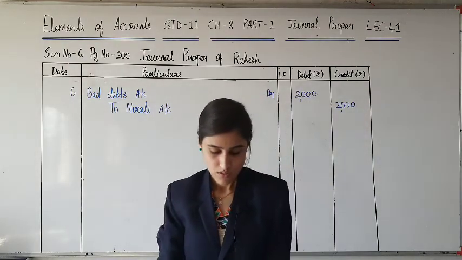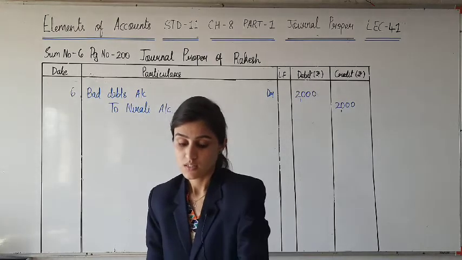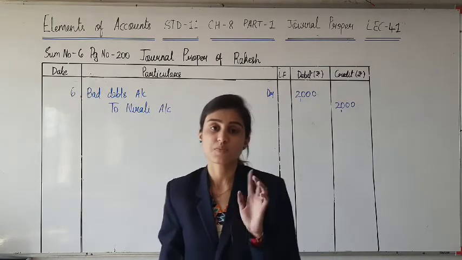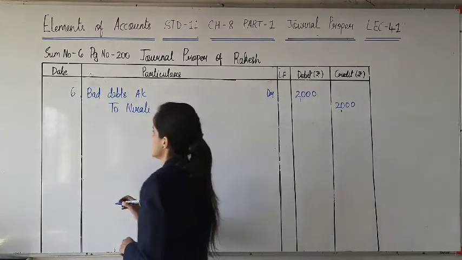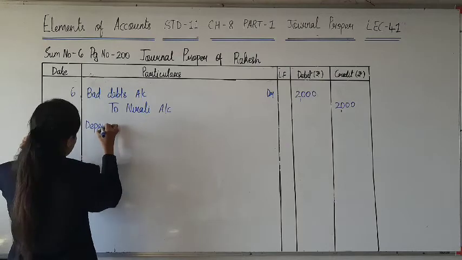Next, write off depreciation on machinery 800. This is a part of adjustment entry. Yes, depreciation is an expense. You have just understood.